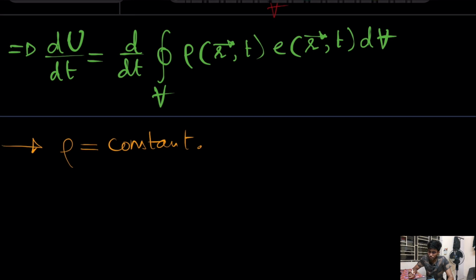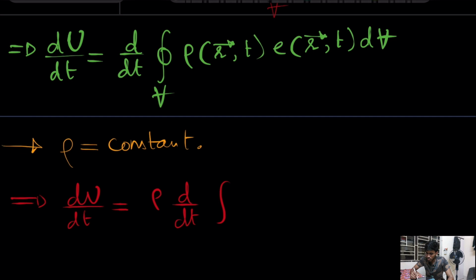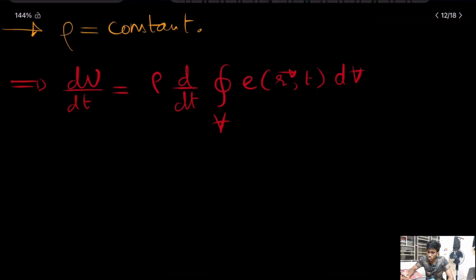Then dU/dt becomes, I can take this rho outside of everything, rho times d/dt of the integral of e, that is still a function of r comma t, dV.